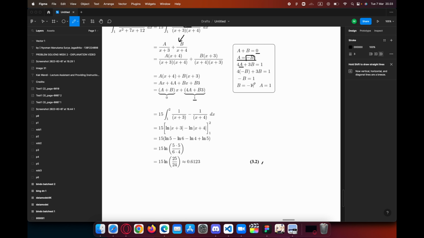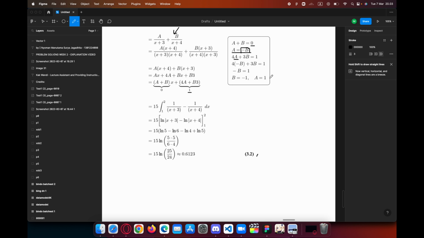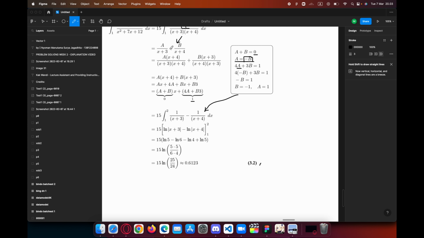So if b is minus 1, then we can times minus 1 for a to get the value of a. So a is 1. We substitute this to b. This b becomes minus 1 because we got this. And then a becomes plus 1.